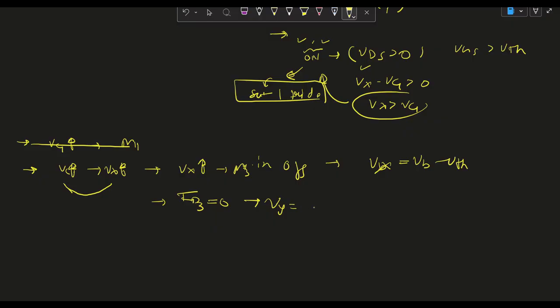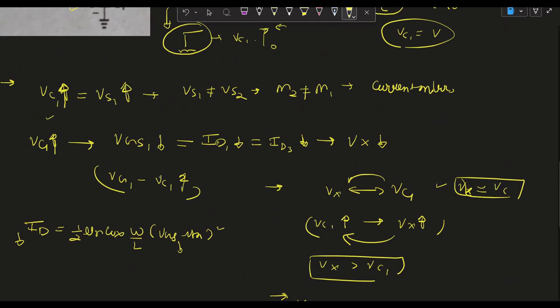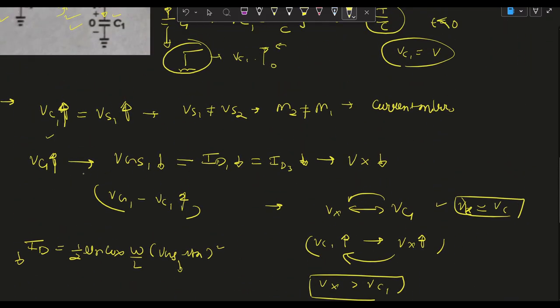Sorry, Vy will become our VDD as well. And how Vc1 looks, as I explained, is that our Vc1 increases. There is no constant charging slope in the capacitor, so the voltage rise in the capacitor will look like an exponential curve.